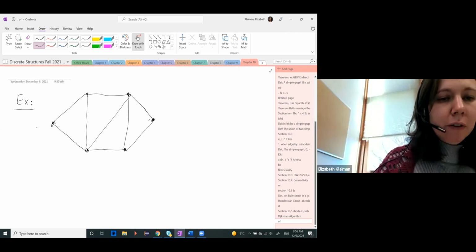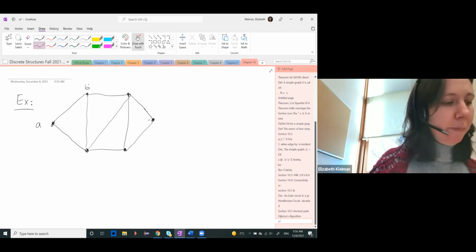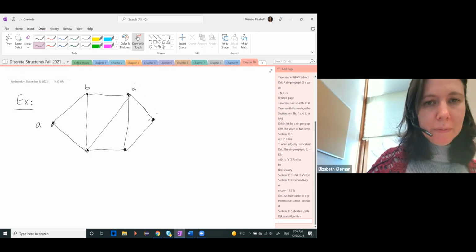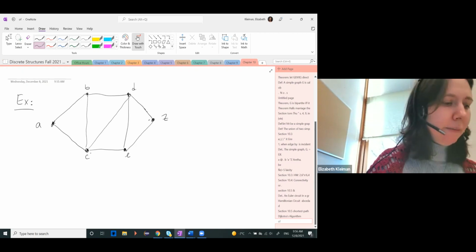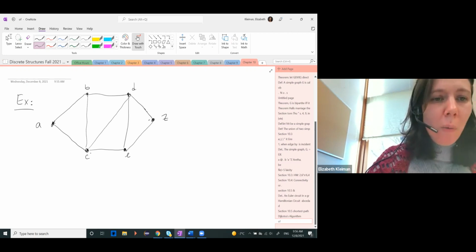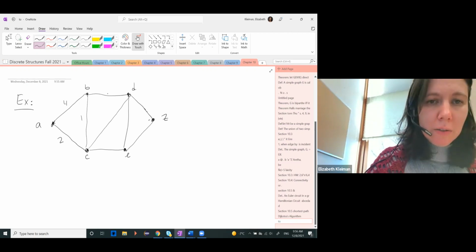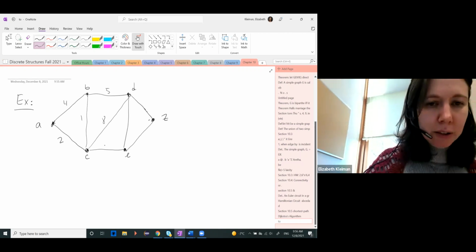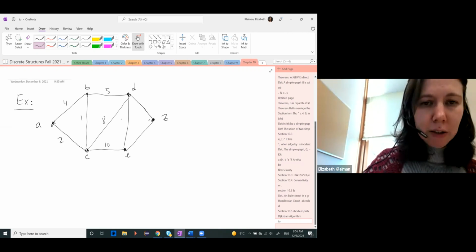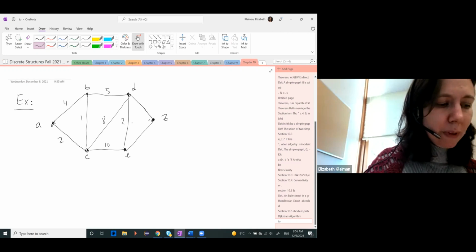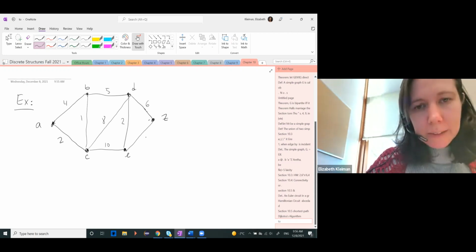So we have our nodes A, B, D, Z, E, and C. And we have weights, which are 2, 4, 1, 5, 8, 10, 2, 6, and 3.